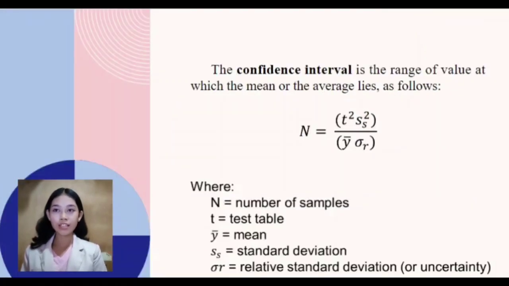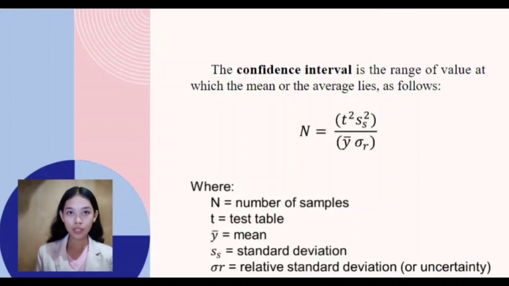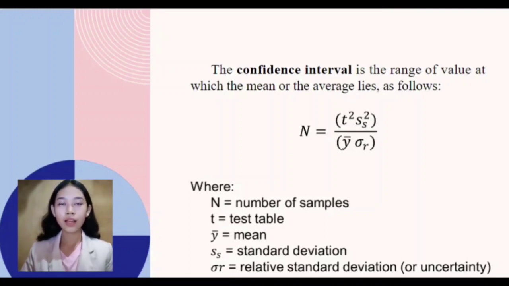The confidence interval is the range of values at which the mean or the average lies as follows, where n is the number of samples, t is the test value taken from the student's t-test table, y bar is the mean, s sub s is the standard deviation, and sigma r is the relative standard deviation or uncertainty. Calculations involving the equation here are done repeatedly until such time that the iterations converge at one value of n.